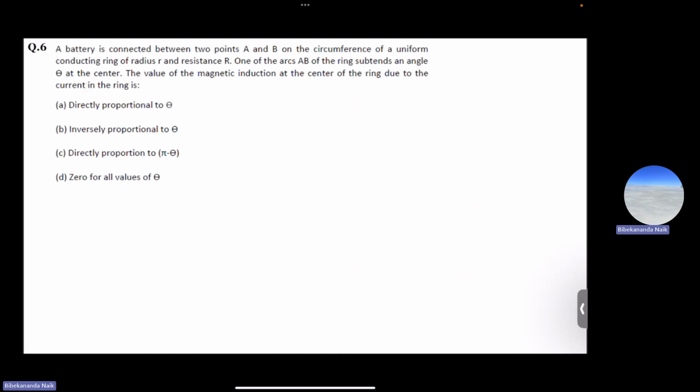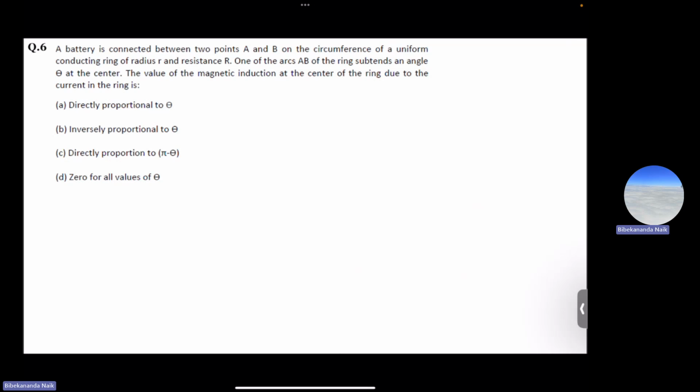Question number 6 says a battery is connected between 2 points A and B on the circumference of a uniform conducting ring of radius r. One of the arcs AB of the ring subtends an angle theta at the center.